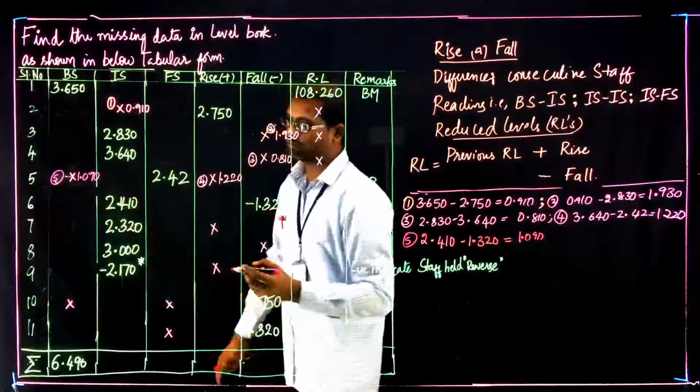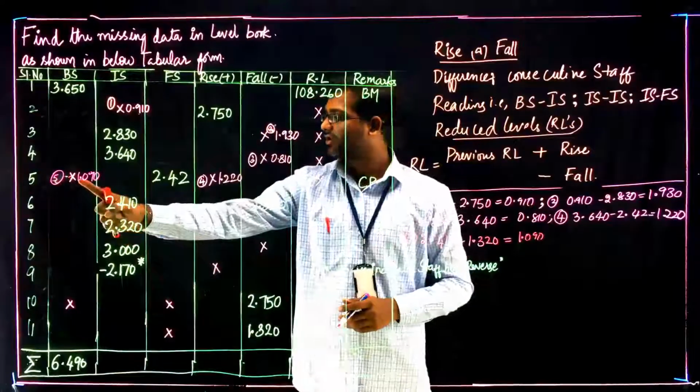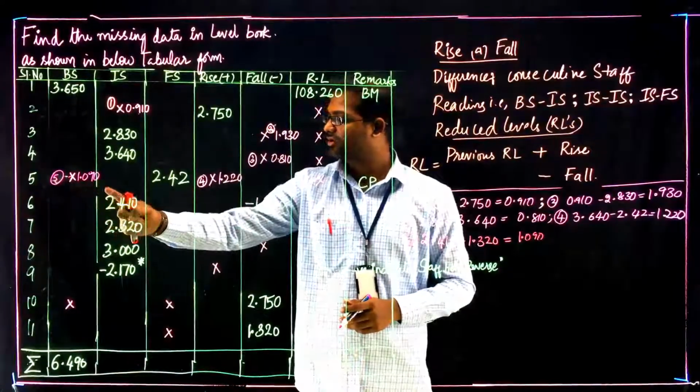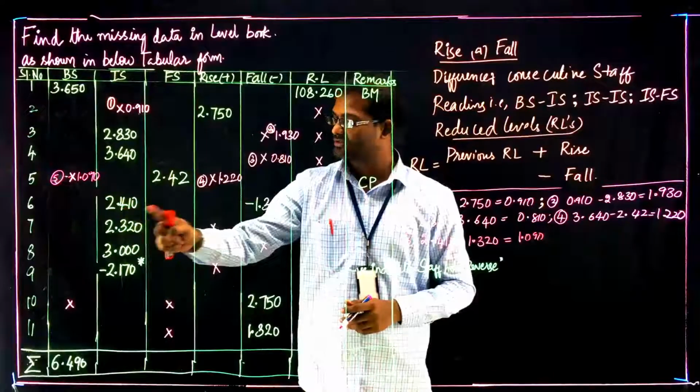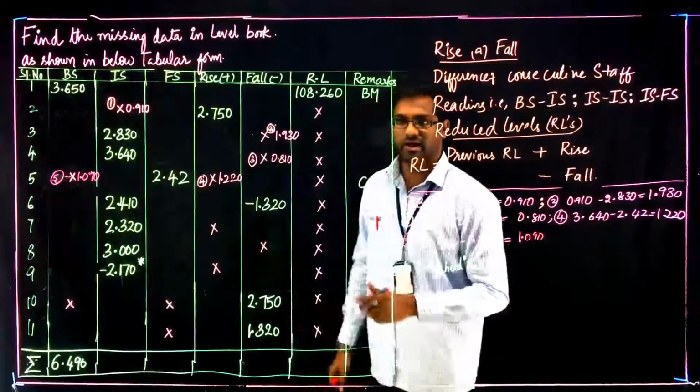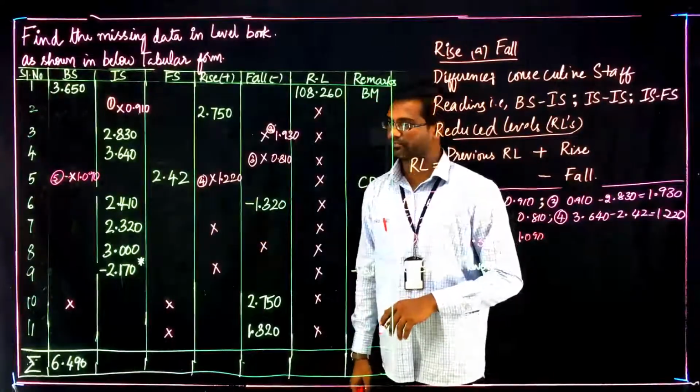If you want to cross verify, 1.090 minus 2.410 will give you minus 1.320.